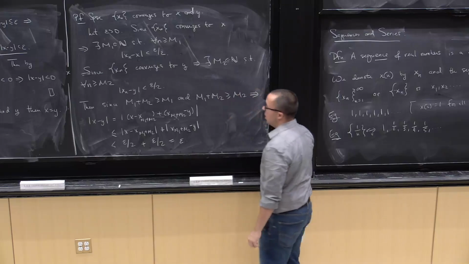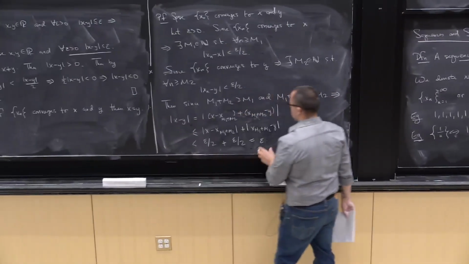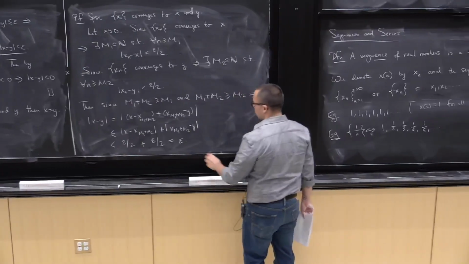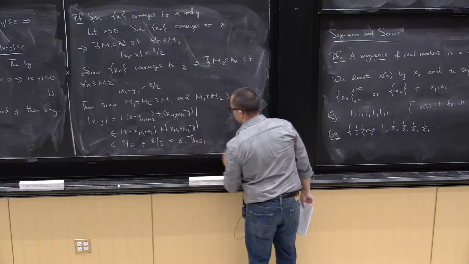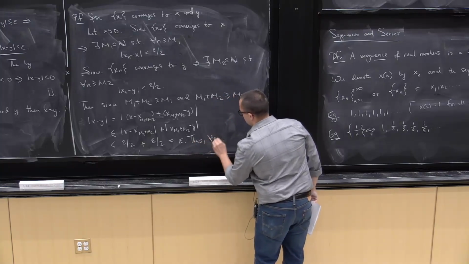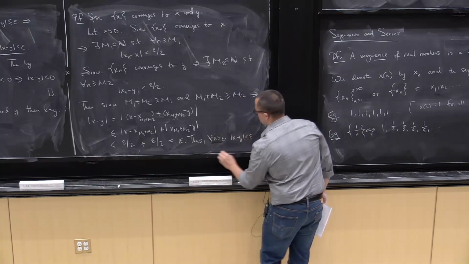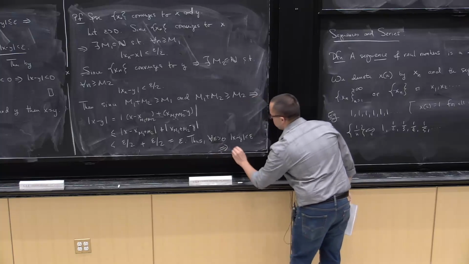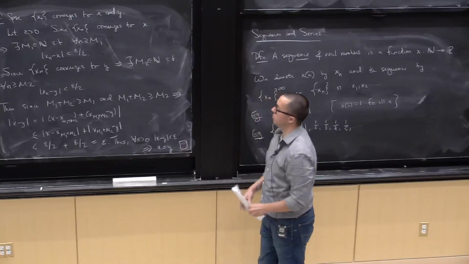So I've shown that for every epsilon positive, the absolute value of x minus y is less than epsilon. And therefore, by the theorem that I proved a minute ago, x equals y.